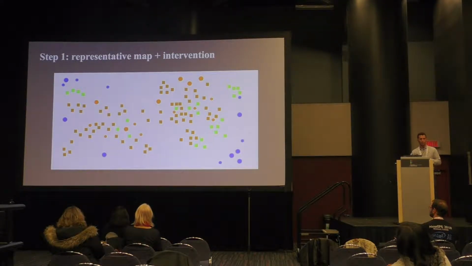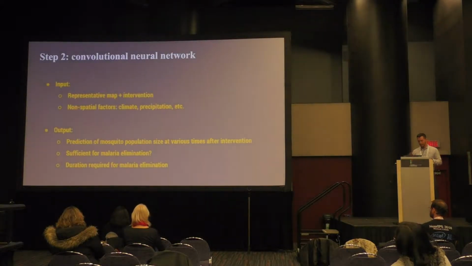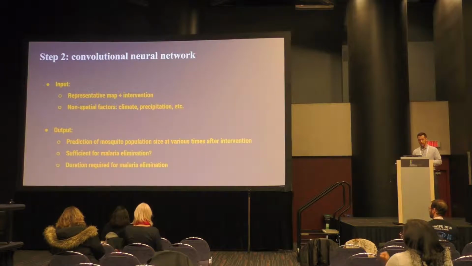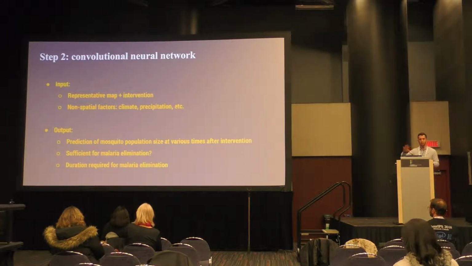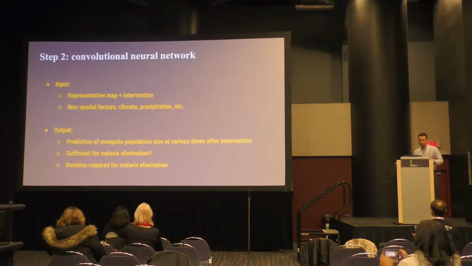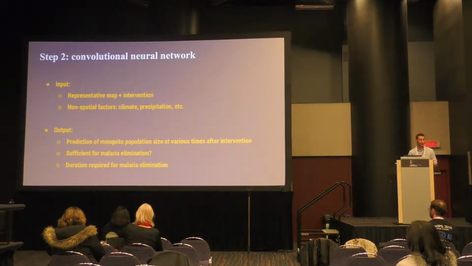These representative maps of villages we use to train a convolutional neural network that enables us to predict how the mosquito population would behave given a certain intervention. By knowing the mosquito population, we also know if the intervention is going to be sufficient for malaria elimination, and also the duration it would take to reach malaria elimination in that location.